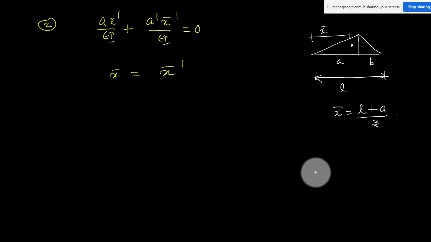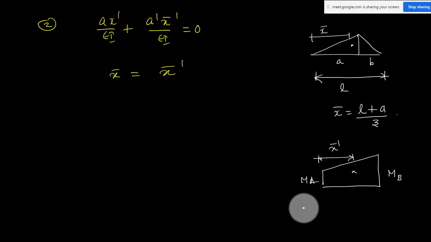For the second moment diagram, this is MA, this is MB, and the CG is coming here. You can find the CG either by dividing into a triangle and rectangle, which will take some time, so I will give the formula directly, as already discussed. The CG distance is the larger height of the trapezoid, into 2 MB plus MA, divided by MA plus MB.